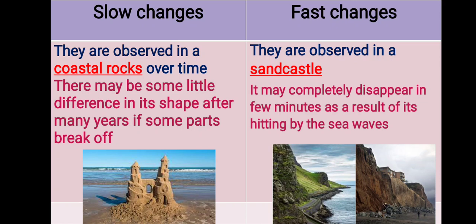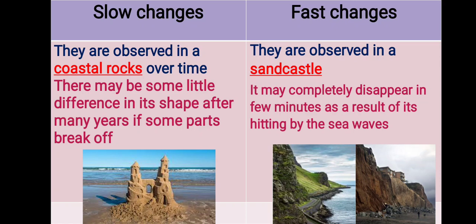The change of the shape of the coastal rocks is considered as a slow change because it happened after many years because of the sea waves. When the sea waves hit the coastal rocks, they can change the shape of the coastal rocks, but after many years. So it takes a very long time to be changed.